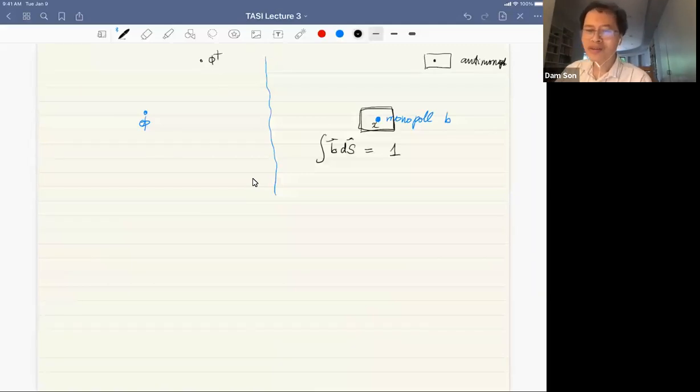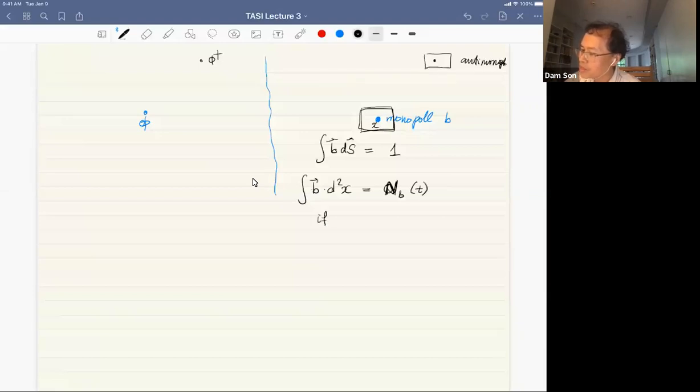So this monopole leads to the non-conservation of the integral of B, d2x, taken at the time slice as a function of t. So let me call that some Q of B, N of B. This can be a function of t.